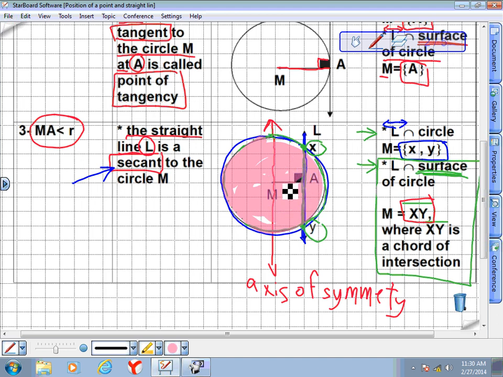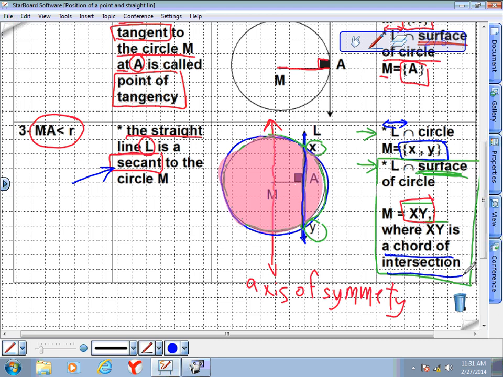So the intersection here is this line segment, called XY. It is an intersection between the straight line and the surface of circle M, where XY is called a chord of intersection.